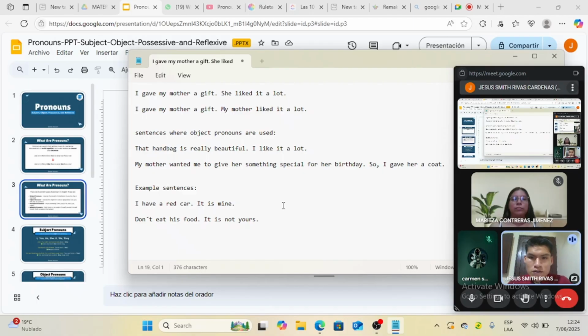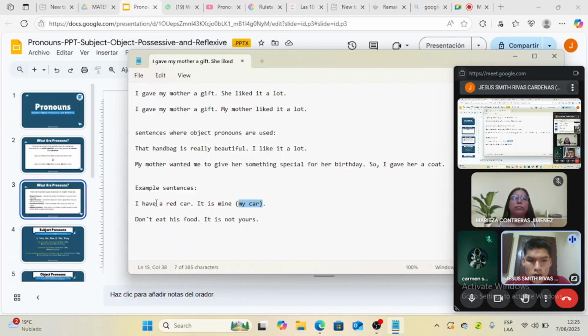So here you can see two examples. The first example is, I have a red car. It is mine. So mine here is the possessive pronoun because it replaces my car.